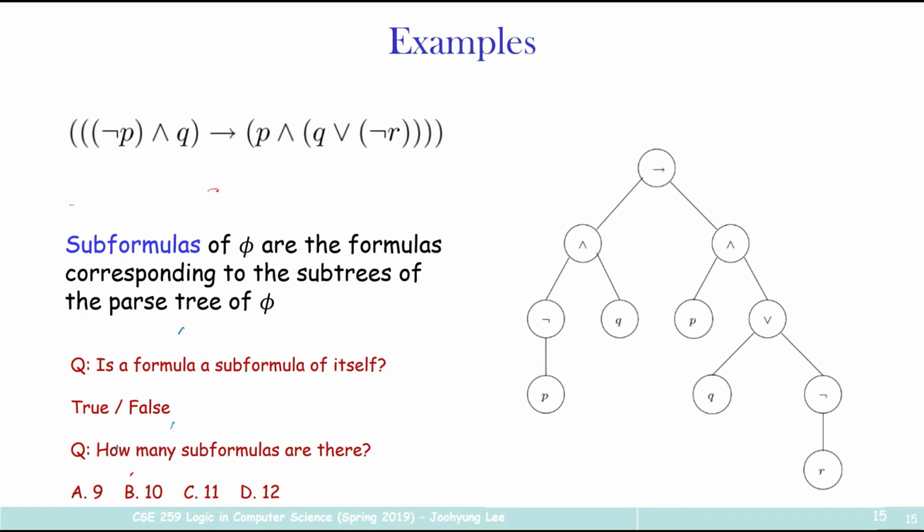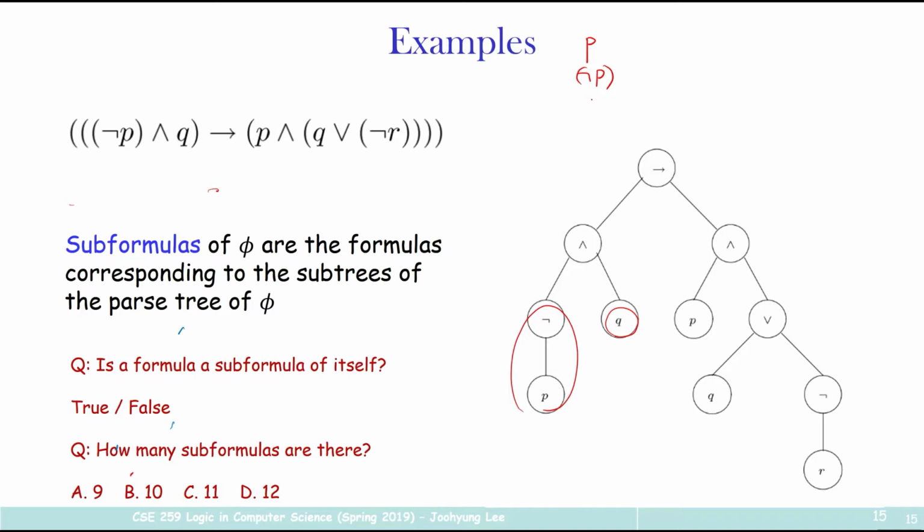So first, P is a subformula, because P is a subtree. Good. What about not P? Not P is also a subtree here. So not P is also a subformula.